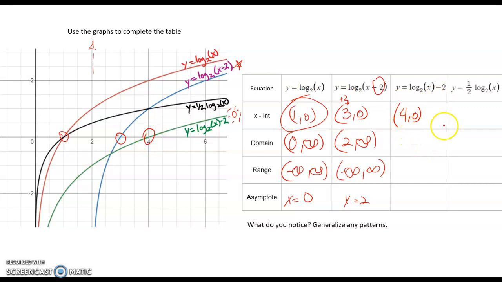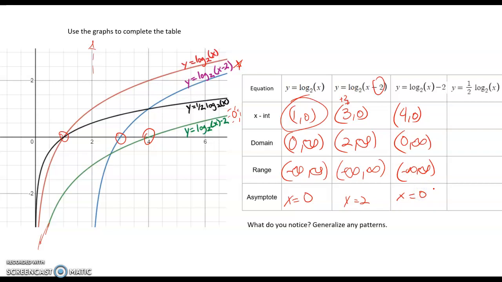Our domain actually goes back to our original one, so it's going to be 0 to infinity. And oh, I'm sorry, our range is always going to be -infinity to +infinity, and our asymptote is at 0.